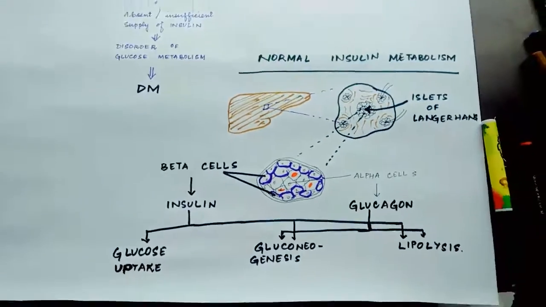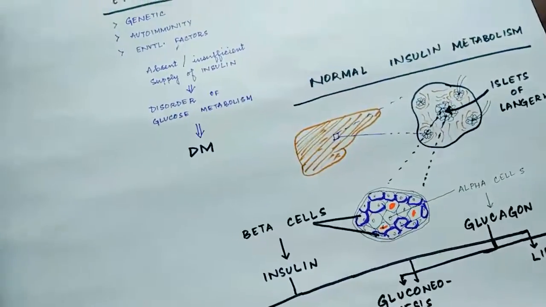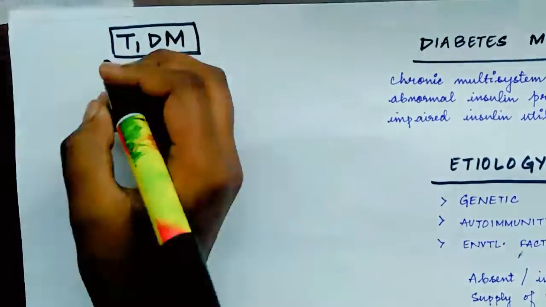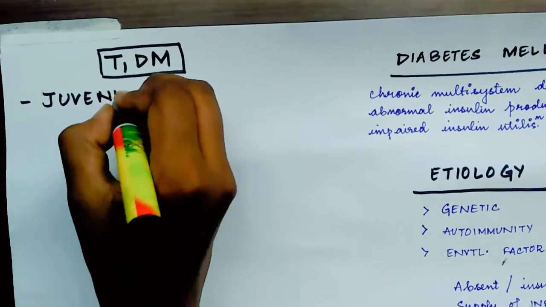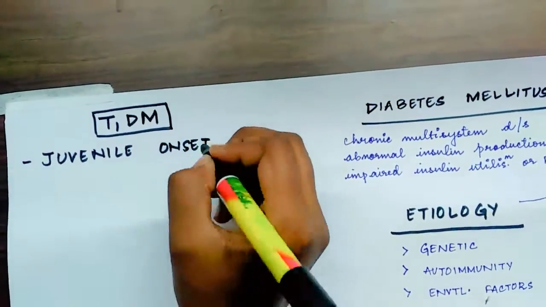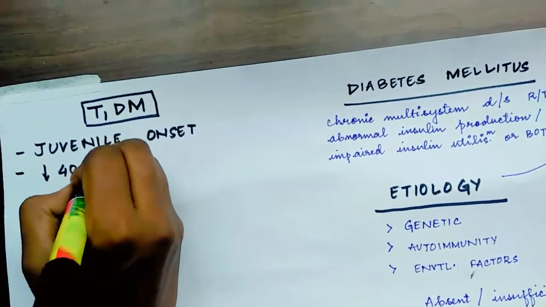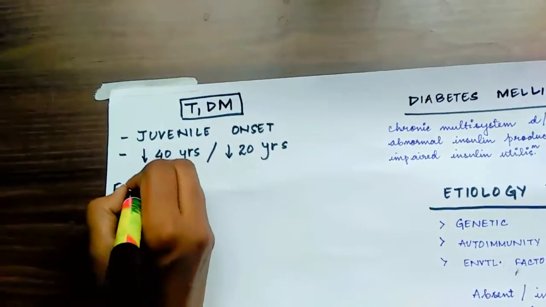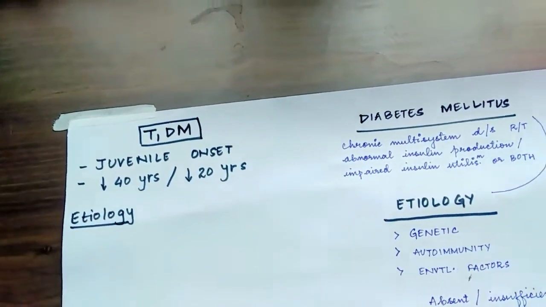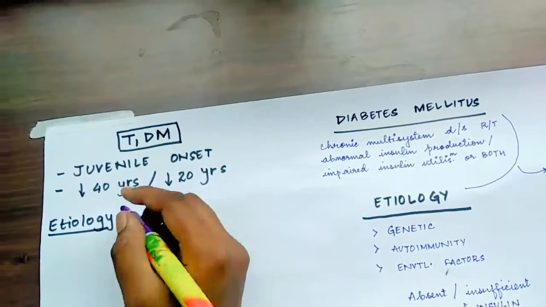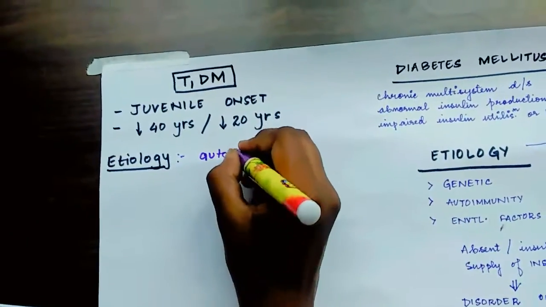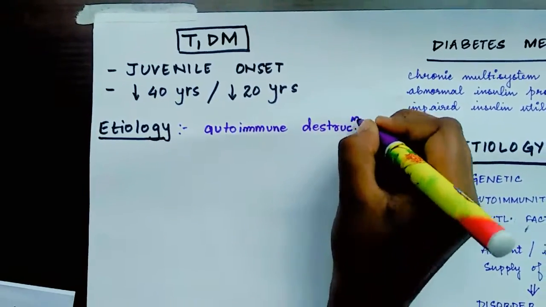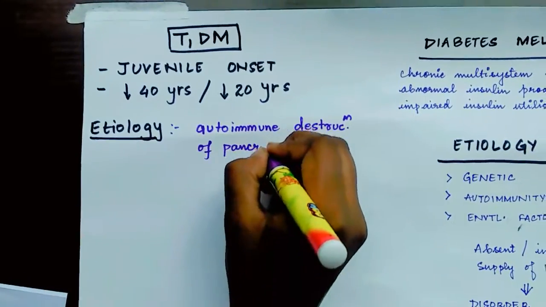Now talking about type 1 diabetes mellitus, it is known as juvenile onset diabetes or insulin dependent diabetes. It generally affects people under 40 years of age or under 20 years of age. Etiologically, it is an immune mediated disease caused by autoimmune destruction of the pancreatic beta cells, the site of insulin production.